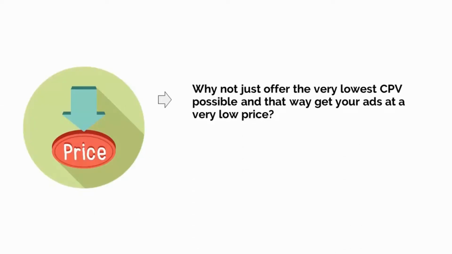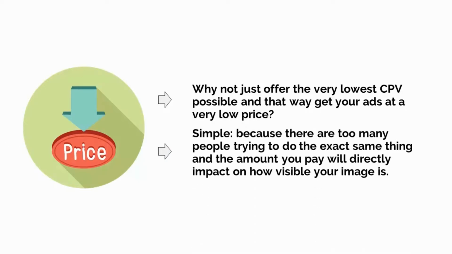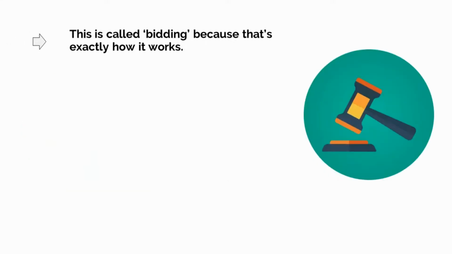So why not just offer the very lowest CPV possible and that way get your ads at the very low price? Well, simple, because there are too many people trying to do the exact same thing, and the amount you pay will directly impact on how visible your ad is. This is called bidding because that's exactly how it works.